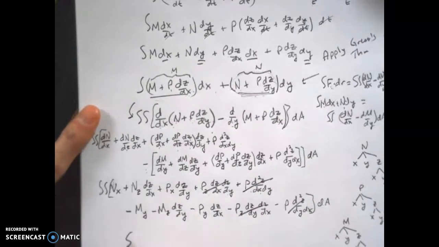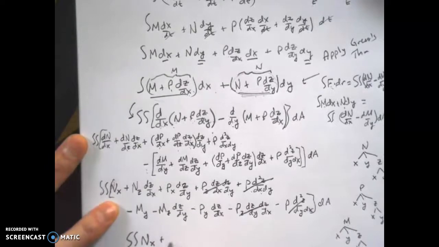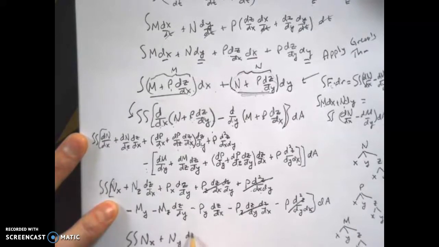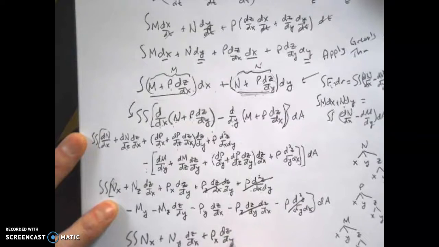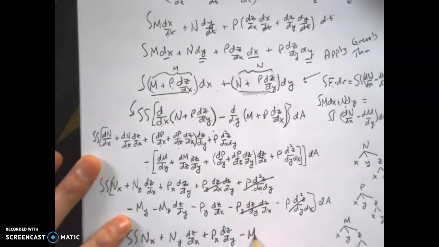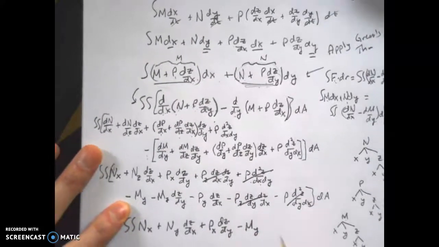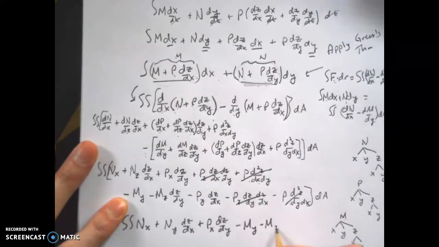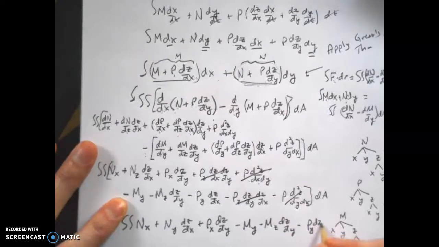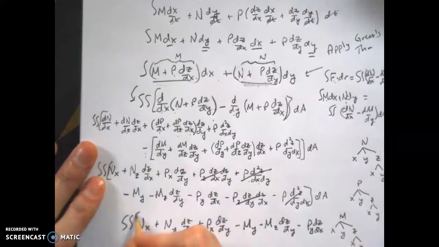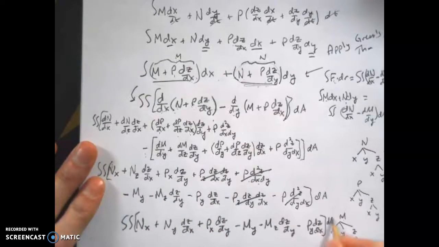So what's left is the double integral of n_x plus n_z dz dx plus dp dx dz dy minus dm dy minus dm dz dz dy minus dp dy dz dx, all times your dA.